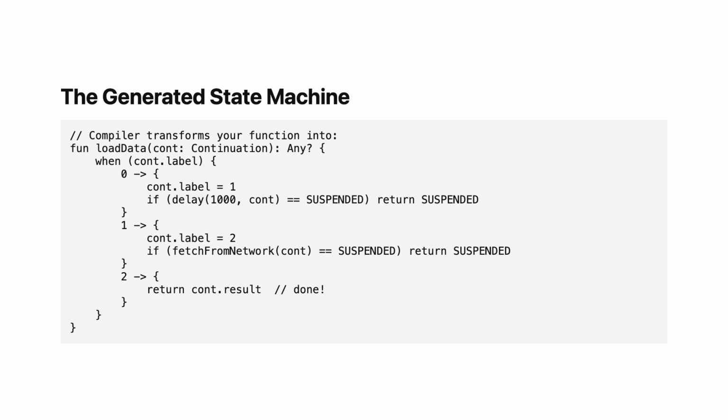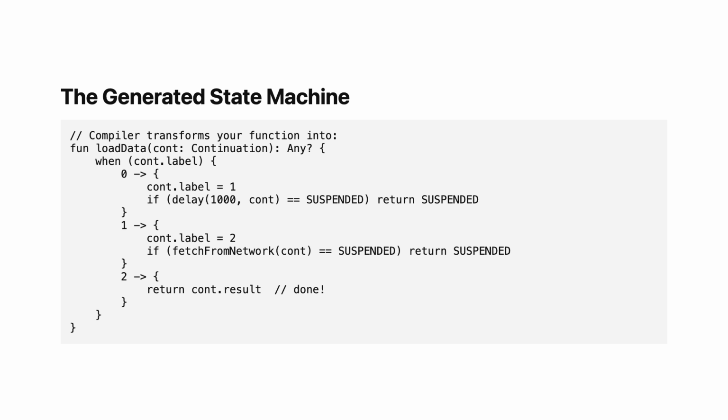Label 1 is the code after the first suspension point, and so on. Each time the function is called, it checks which label it is at and jumps to the corresponding section of code. Local variables that need to survive across suspension points are stored as fields in the continuation object, not on the stack. This is crucial. The coroutine state lives on the heap, not on the thread's stack.